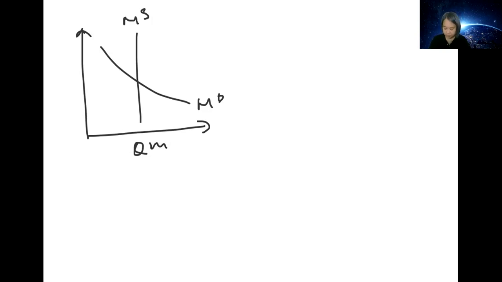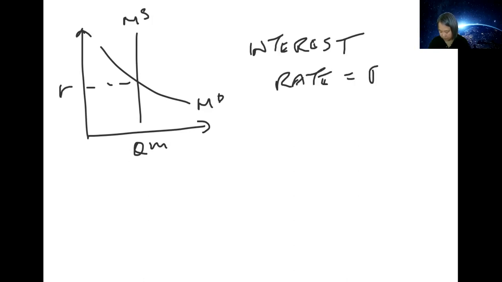So long story short, the value of money is equal to interest rates, and we define interest rate as little r, not big R. Interest rate is the cost of borrowing money, and it is the payment you receive for lending money.